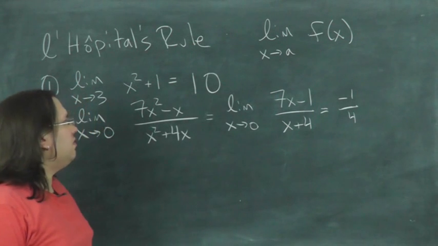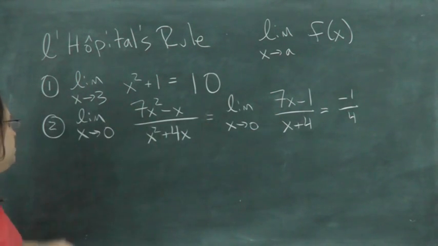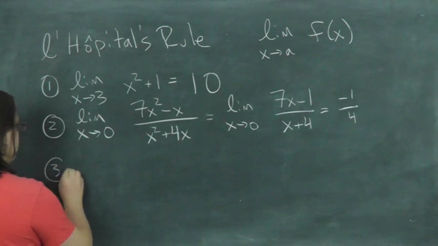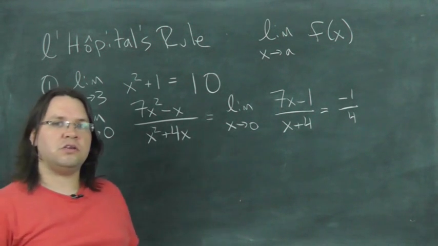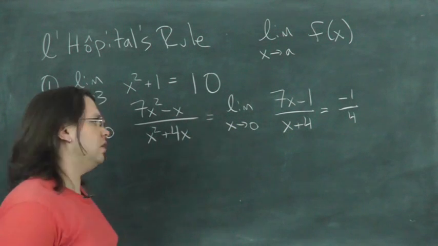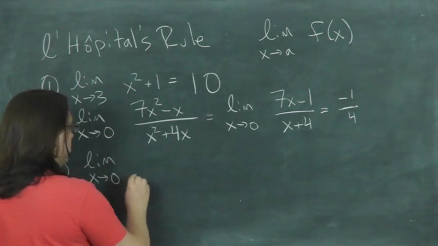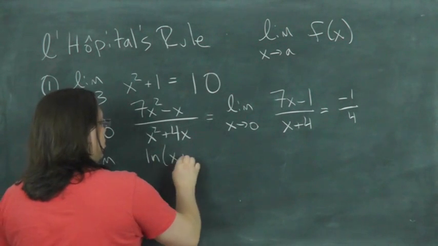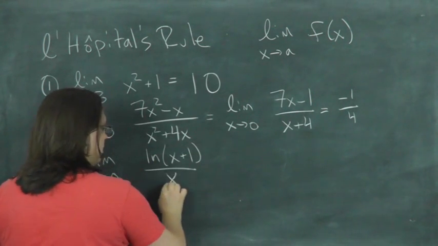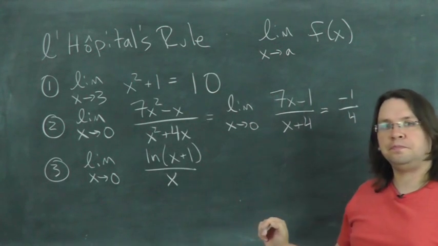L'Hopital's rule is something to help us compute some limits of things like this that are slightly more complicated. So here's an example of one that's slightly more complicated, and we can't just do this canceling procedure. The limit as x approaches 0 of the natural log of x plus 1 divided by x. So once again, this is a fraction.